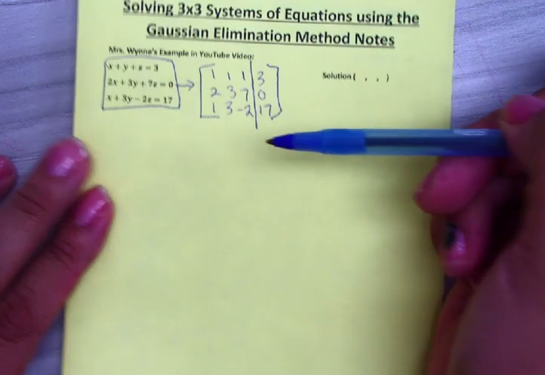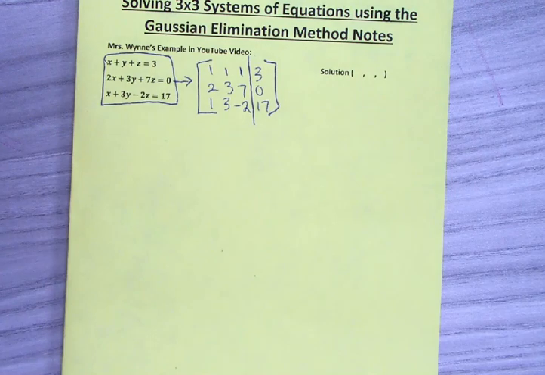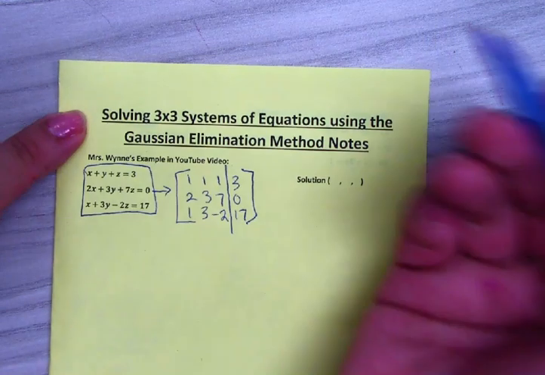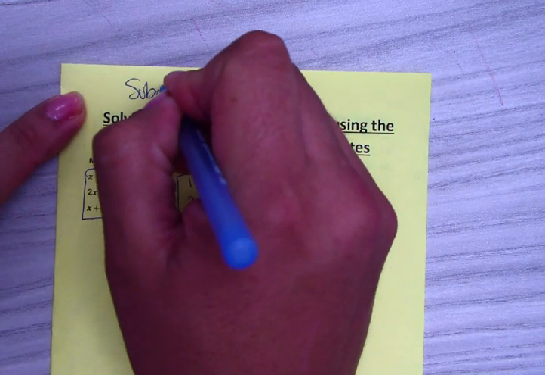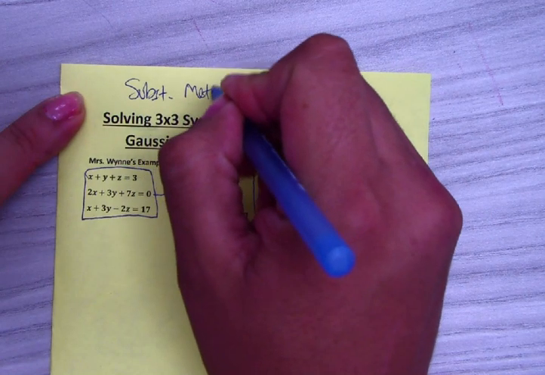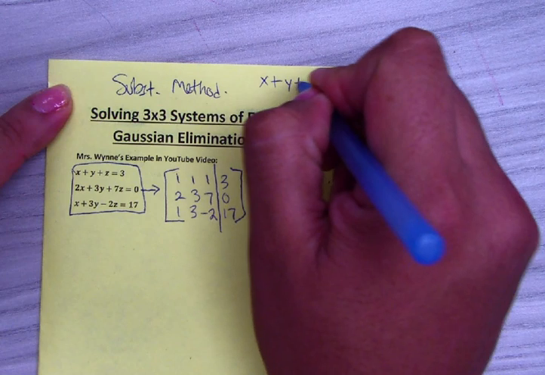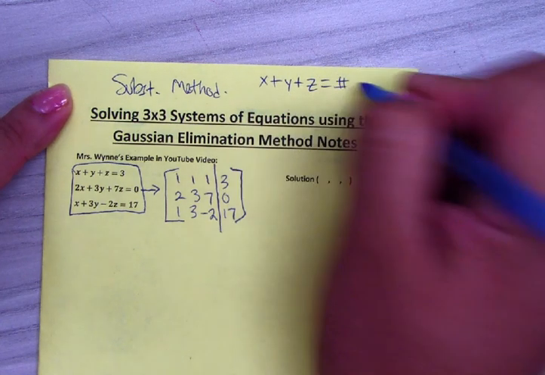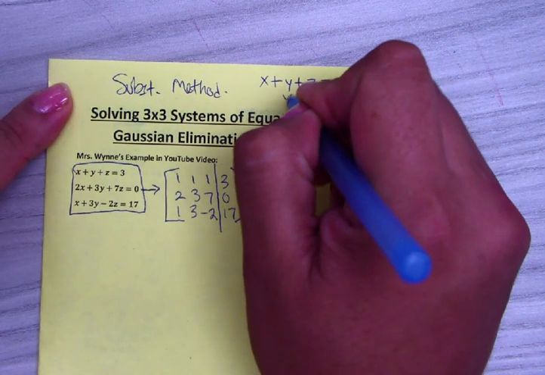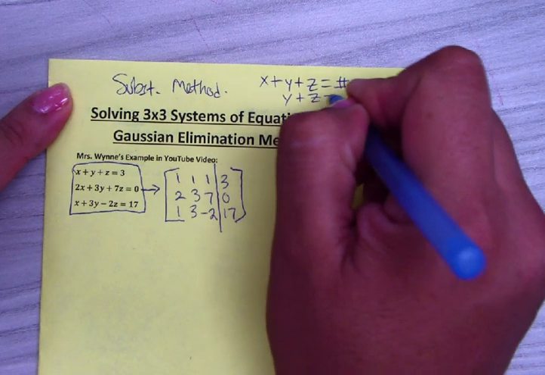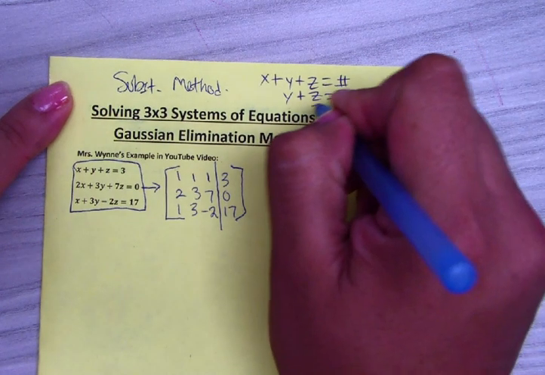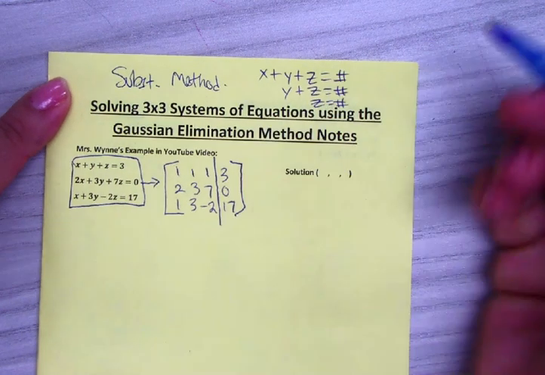side are the coefficients. Before we continue, I just want you to understand why we're using the Gaussian elimination method. If you recall, the substitution method is best used whenever you have an equation that has all three variables, and then a second equation that just has like two variables, and a third equation that just has one variable.